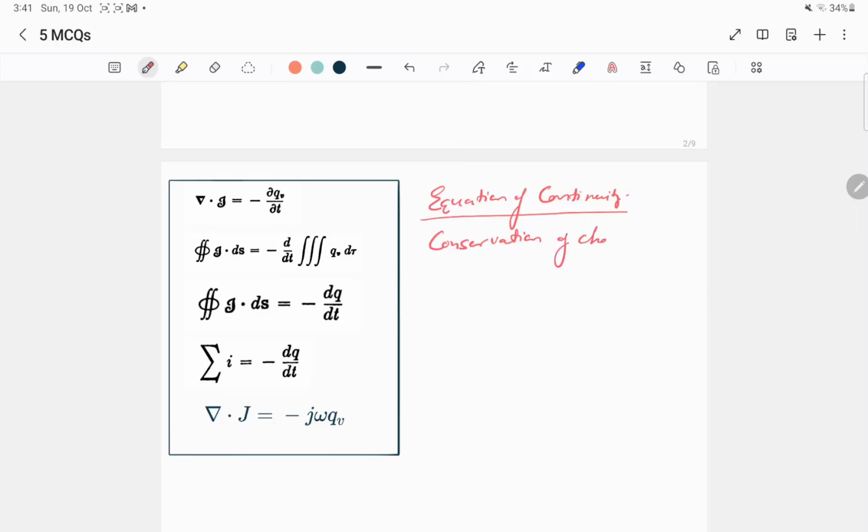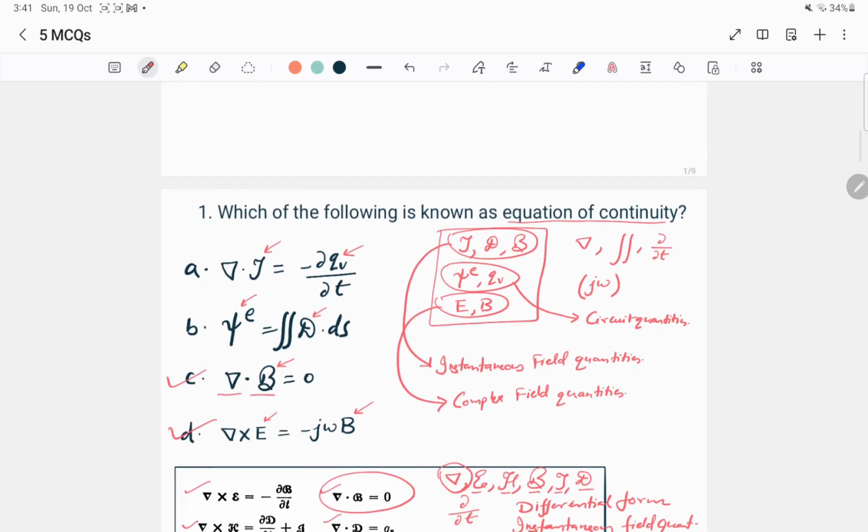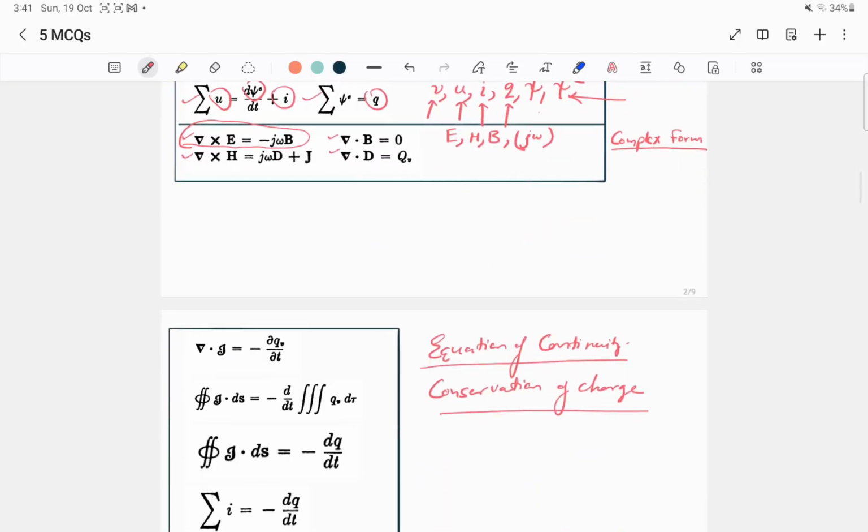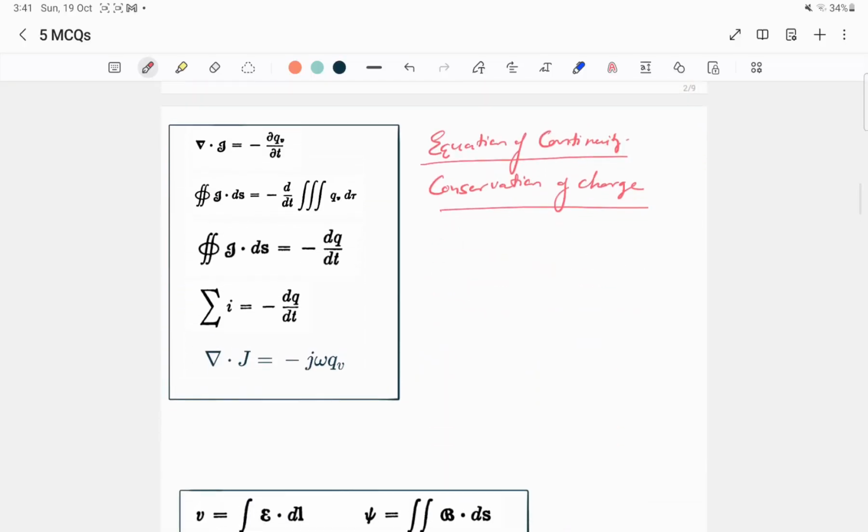So this first option, del dot J is equal to minus del by del t of rho V, which is this particular equation, is called equation of continuity or conservation of charge.